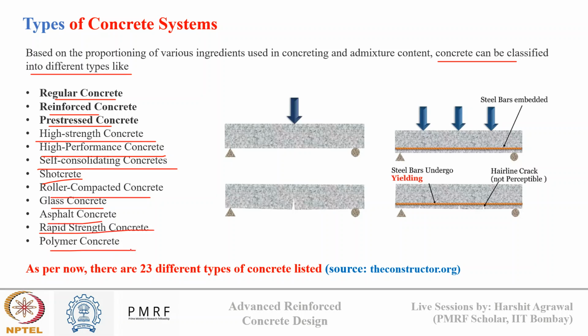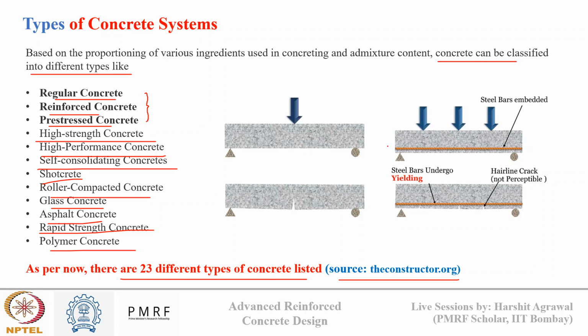As per now, there are 23 different types of concrete that are listed that I found in this source, and among these, the most commonly used are the first three: regular concrete, reinforced concrete, and pre-stressed concrete.